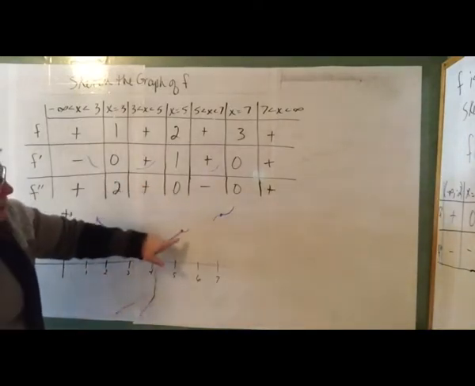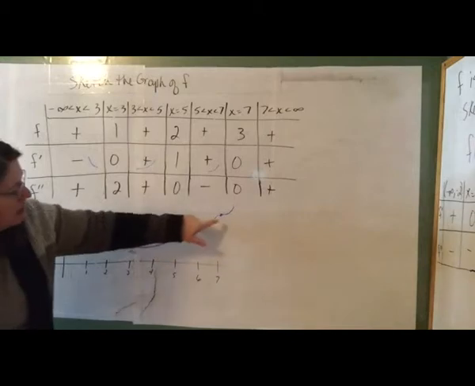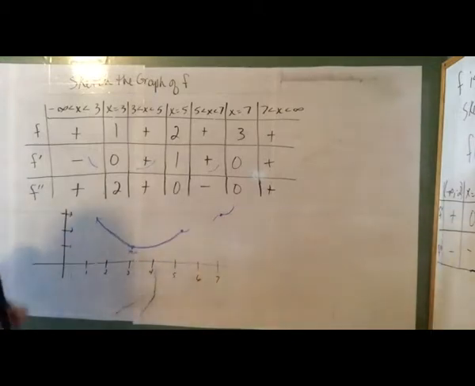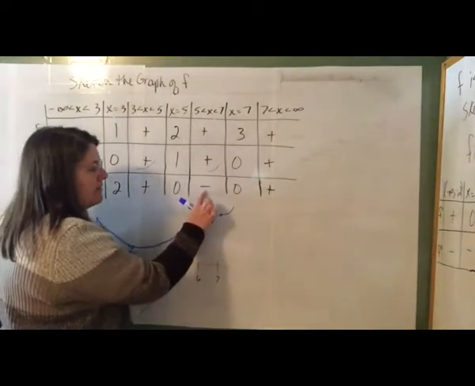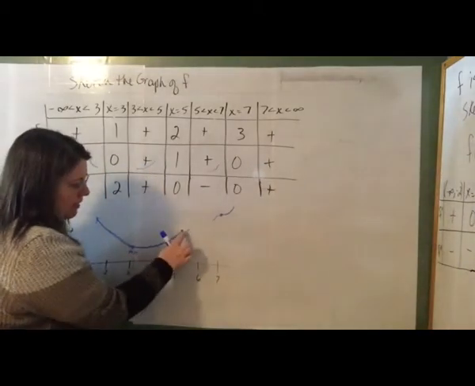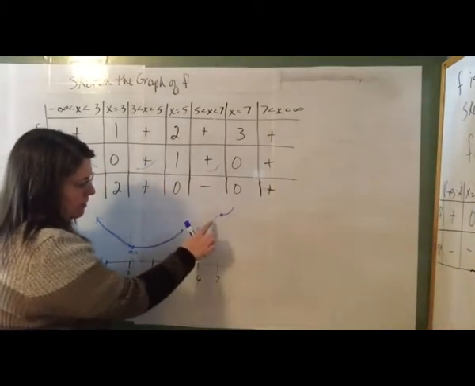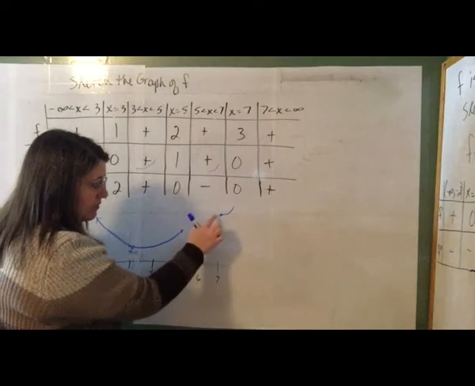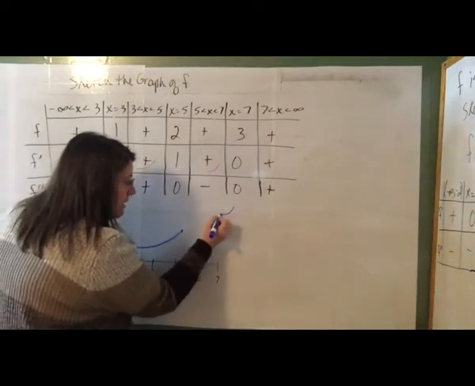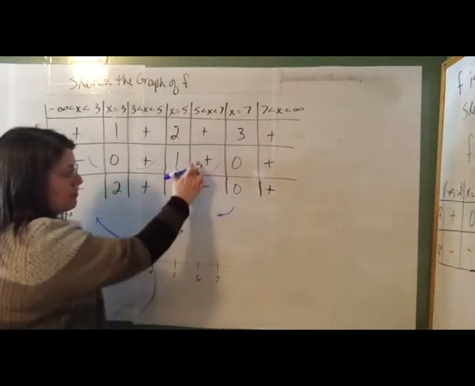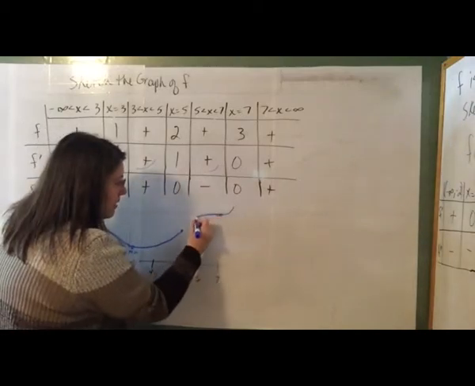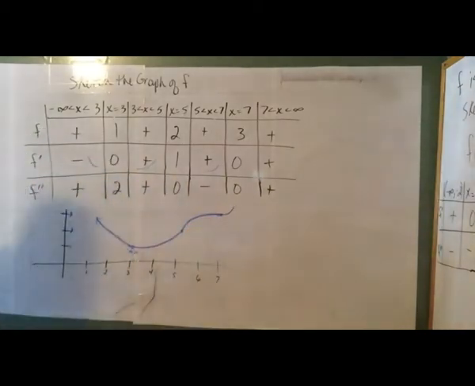If you look at the interval from 5 to 7, it says that that is concave down. Okay, now think about that. That looks like concave up. That looks like it's concave down. So if it's concave down and my slope has to be positive, it's going to look like that.